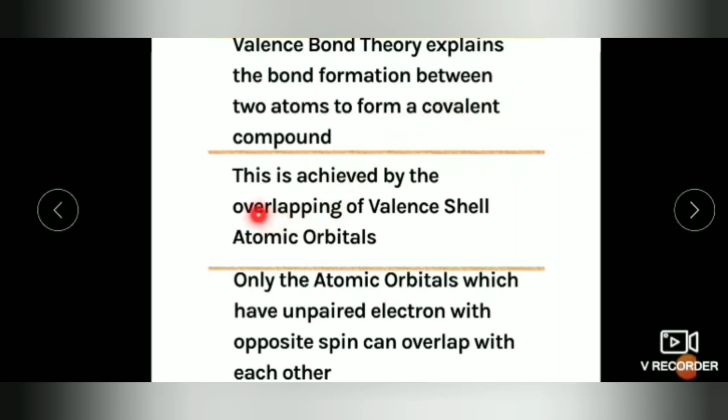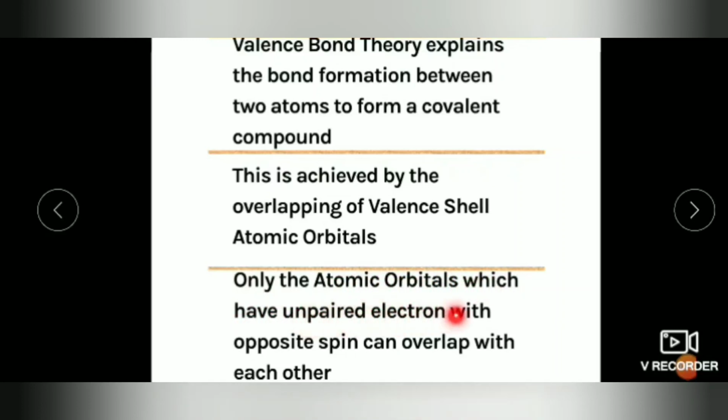It also tells how the overlapping takes place between the valence shell atomic orbitals.